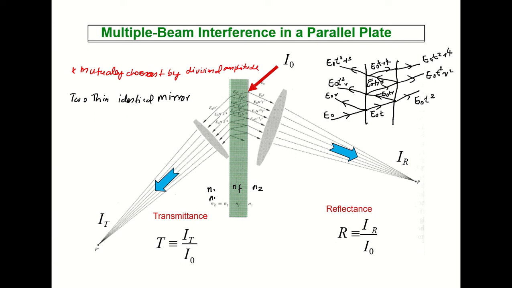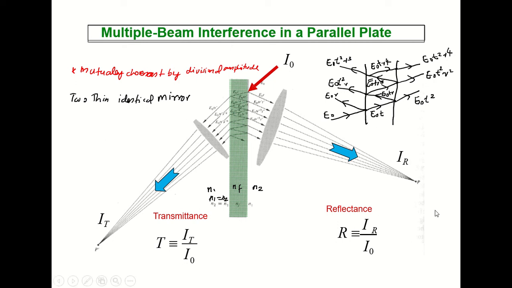Here we consider that N1 equals N2, so the refractive index on both sides is equal, and at the film we have a different refractive index. Also note that here E0T, E0TR and E0TR square represent the reflected waves, and E0T square, E0T square R square, E0T square R raised to 4 represent the amplitude of successive transmitted rays.